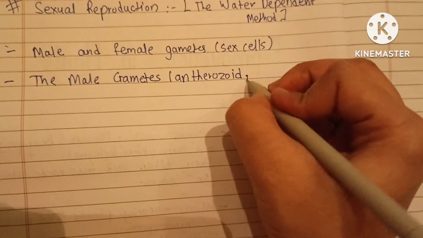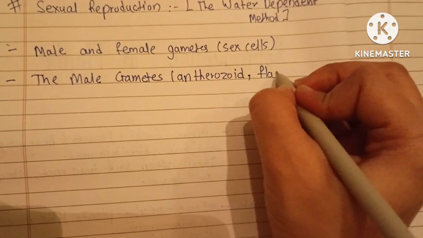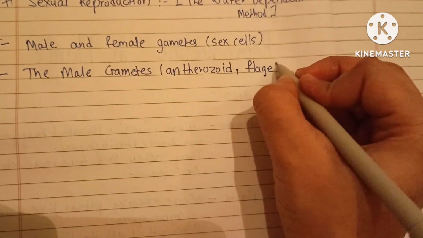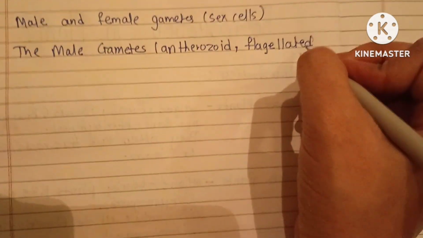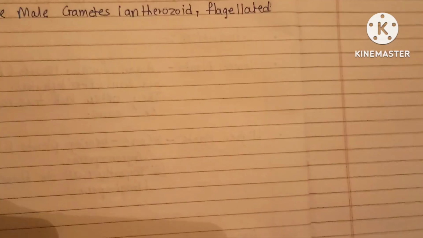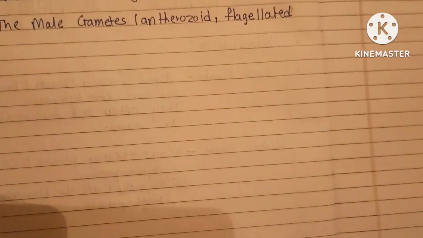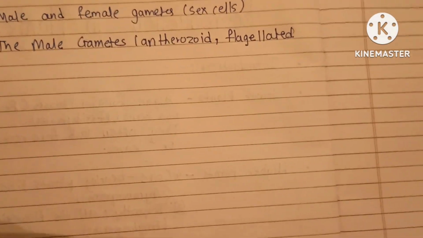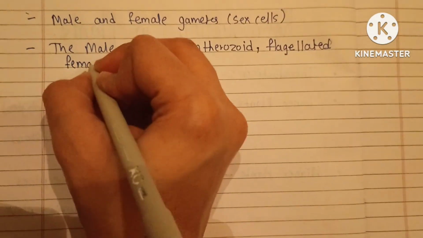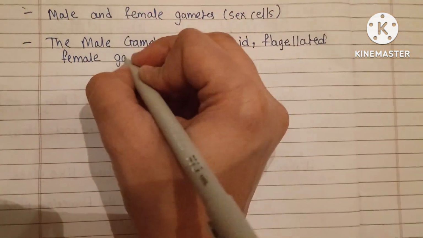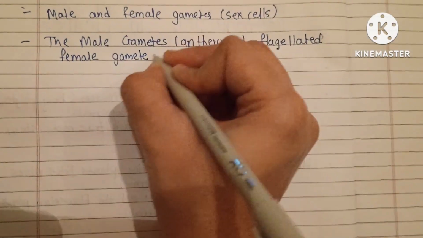Okay, and it is flagellated. It has a small tail, and it must swim to reach the female gamete, the egg.